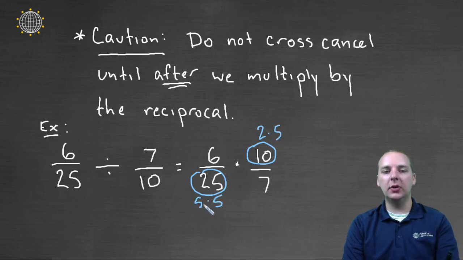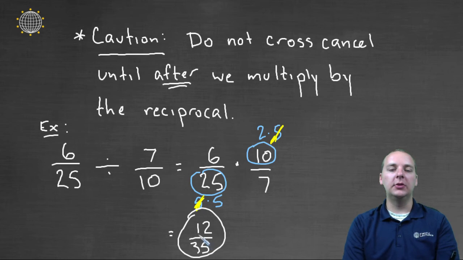So I could cancel a common factor of 5. Then I'm done. I can take the product of what's remaining: 6 times 2 is 12, and 5 times 7 is 35. That will be my final answer. So again, just remember, you take the reciprocal of the divisor and hold off canceling anything until after you've multiplied by the reciprocal.